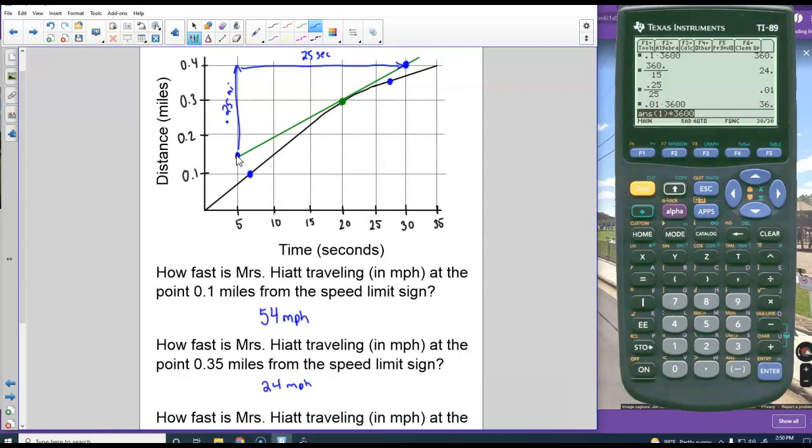So calculus is eventually, whenever we learn it, going to allow us, if you know the equation, to find that exact rate of change. Which you're probably not going to have for me driving down the street getting a speeding ticket, but you would have if you are crash testing cars or something, you probably have their exact speed and could look at that on the graph if you had really high-tech equipment. Yes, Thomas?